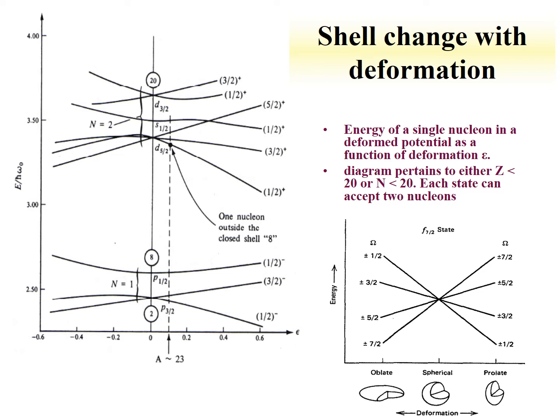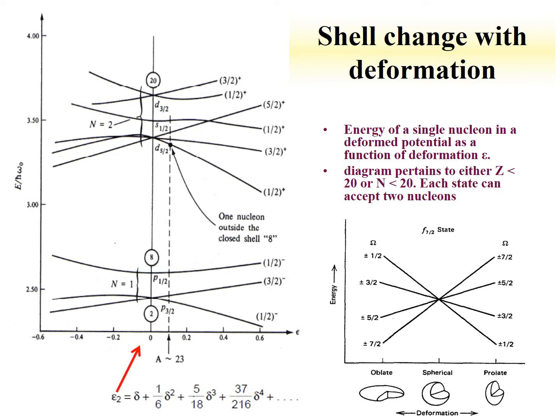However, if we measure a state that is not 7/2 minus, you can get an idea of the deformation of the nucleus. As we see, if it's deformed in an oblate parameter, the higher spins will be of lower energy, and the opposite is true for prolate.